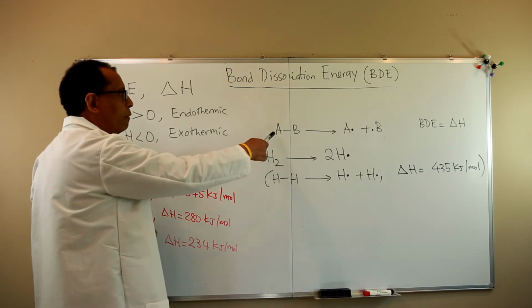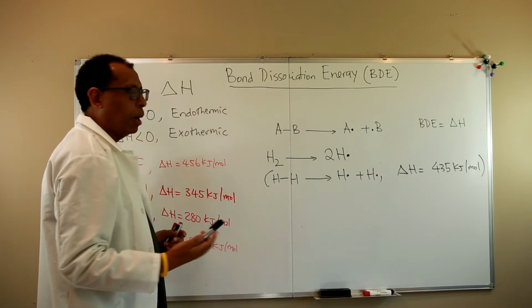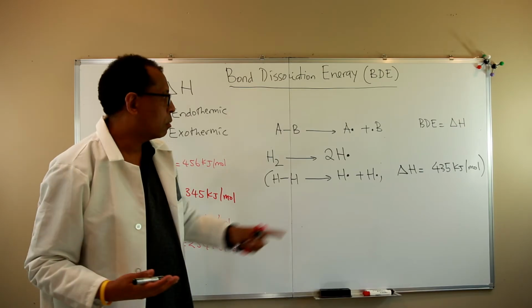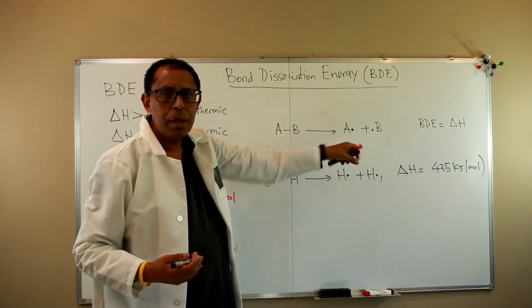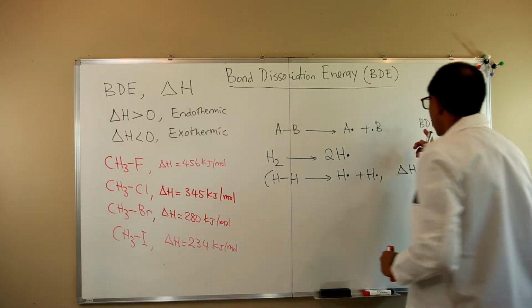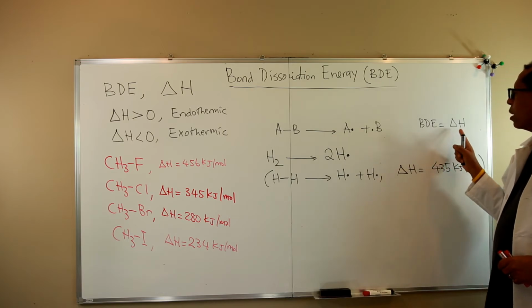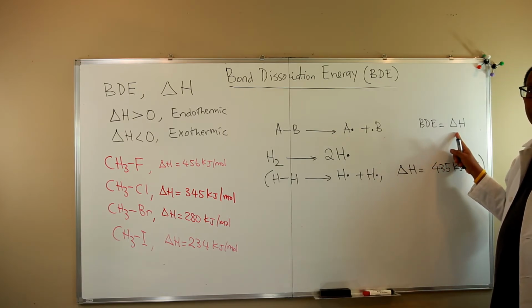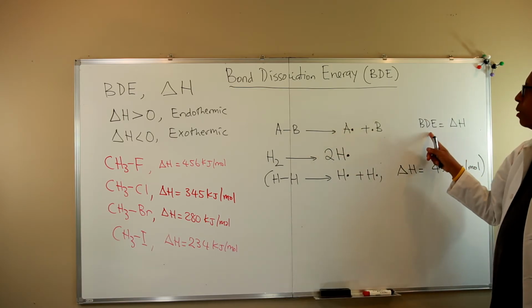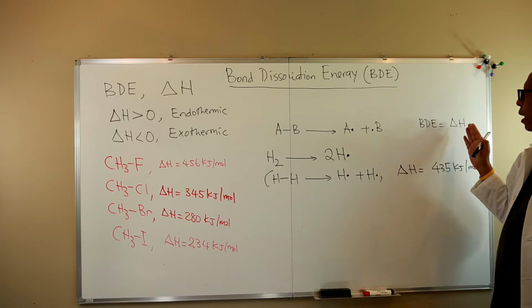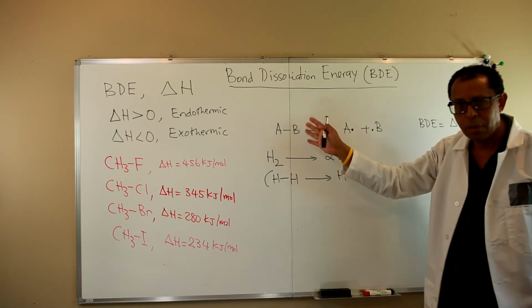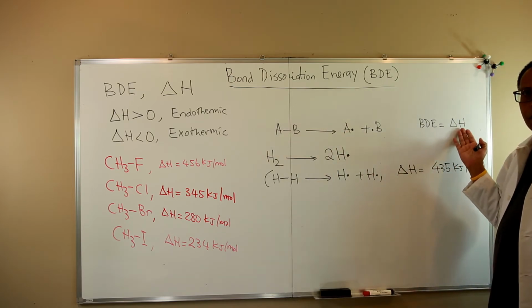Like here, if you have a sigma bond, a single bond, being broken by the process of homolysis to generate A and B, equally shared free radicals, that energy is called bond dissociation energy, or the enthalpy of that reaction. This is a reaction by this arrow, and the bond dissociation energy is measured in kilojoules per mole.